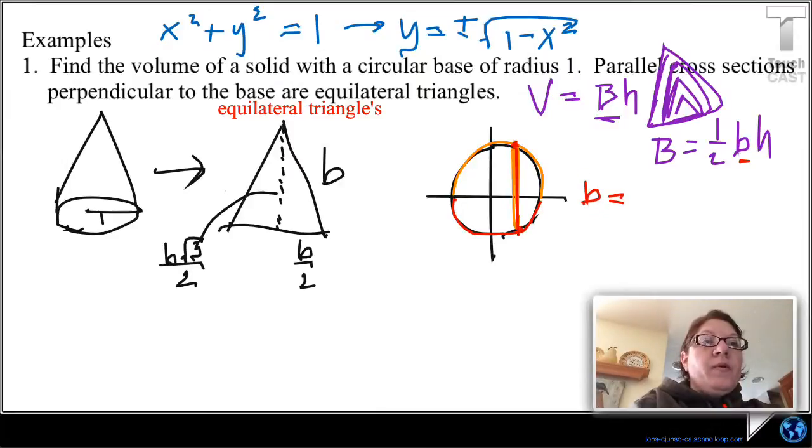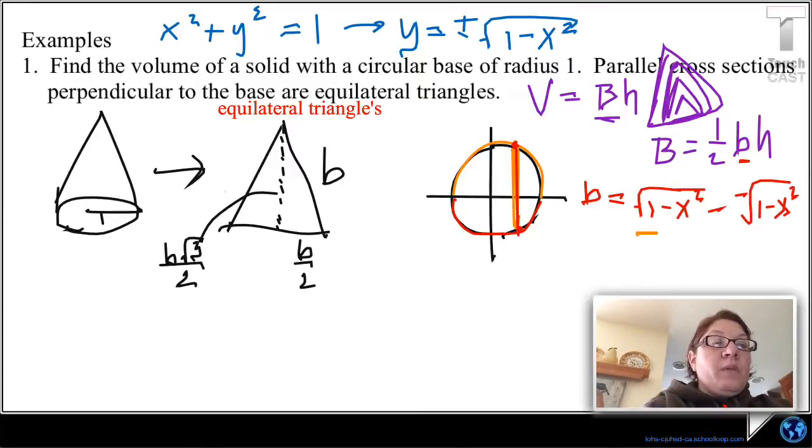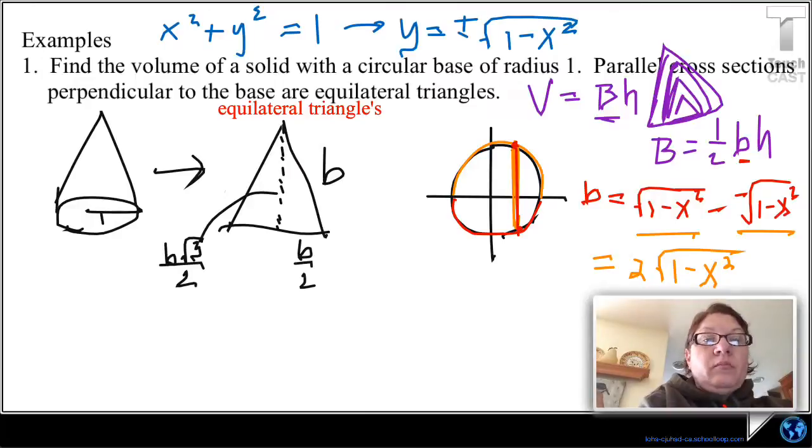So the top would be the positive square root, and then I'd subtract the bottom, which would be the negative square root. So I'm going to end up, of course, adding these, which means the base of all my triangles is 2 times the quantity of the square root of 1 minus x squared.